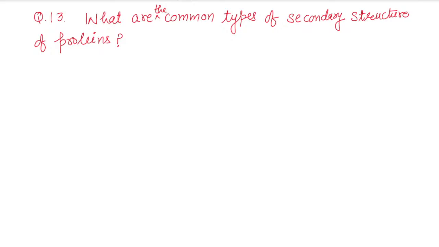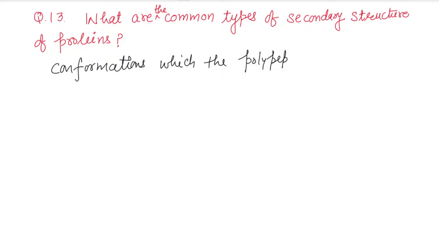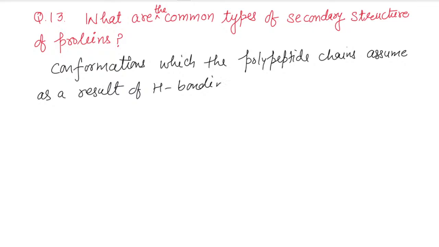Secondary structure is the conformations which the polypeptide chains assume as a result of hydrogen bonding. So that is called secondary structure of proteins. What are the common types of secondary structure? You can answer.